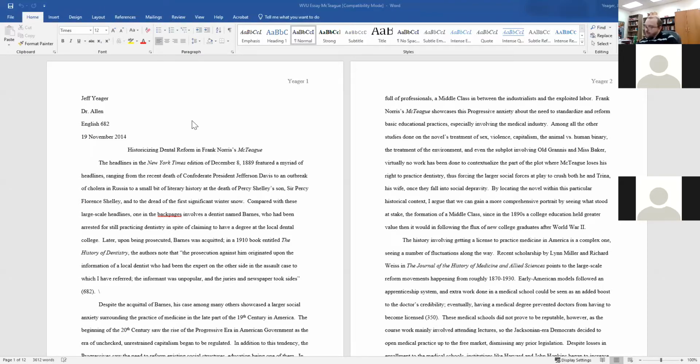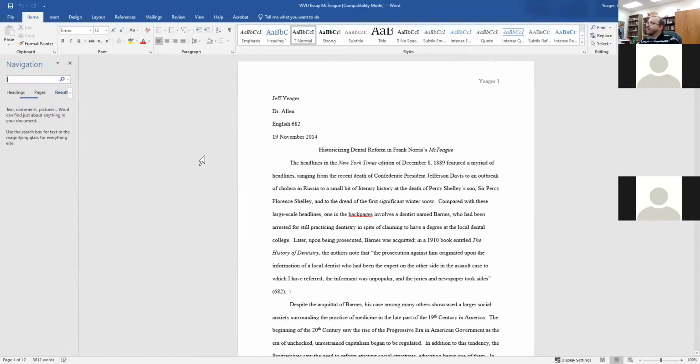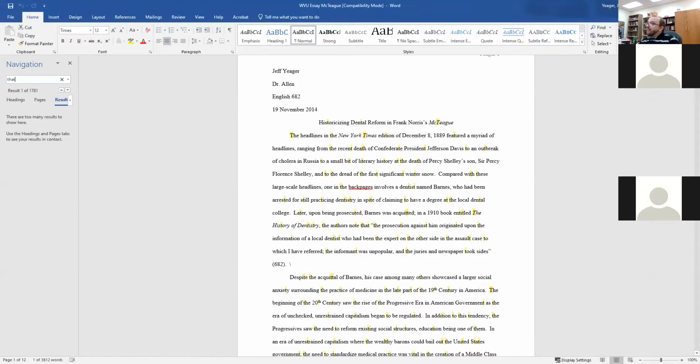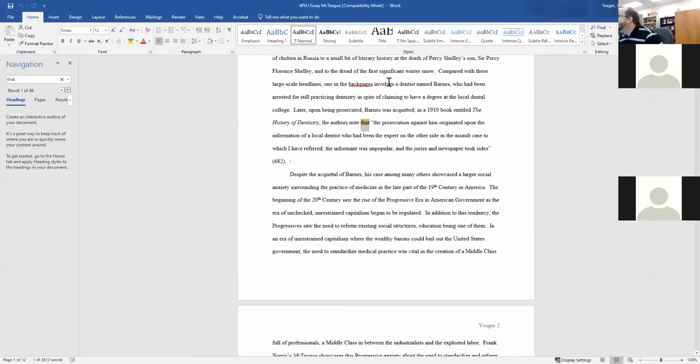Let's use Control F and see how often I use "who" or "that" or "which." We'll type the word "that" in. Did I really not use the word "that" at all in the paper? Yeah.